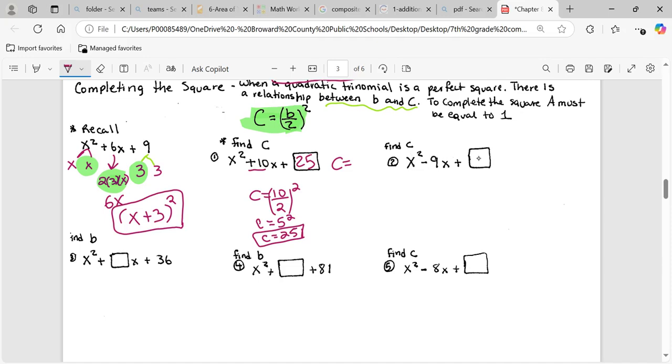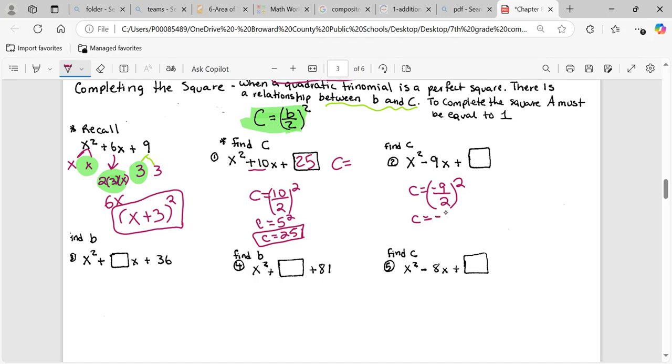In order to get the c term, it is equal to the middle term, which is negative 9, divided by 2 squared. Just like we had the square root of the 9 and multiplied it by 2, we're going the opposite way, divide by 2, and whatever we get, we square it and we get 9. So negative 9 divided by 2 is going to give us a decimal.